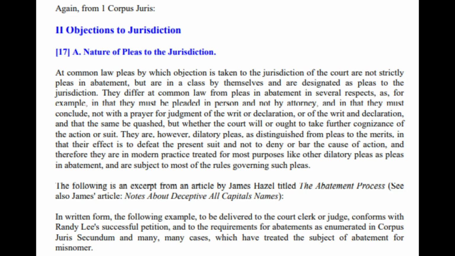So, nature of pleas to the jurisdiction. Common law pleas by which objection is taken to the jurisdiction of the court are not strictly pleas in abatement but are in a class by themselves and are designated as pleas to the jurisdiction.